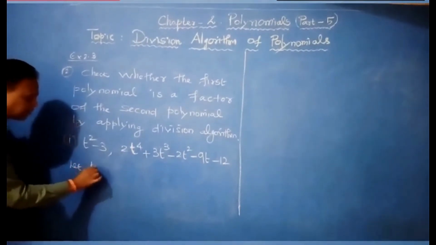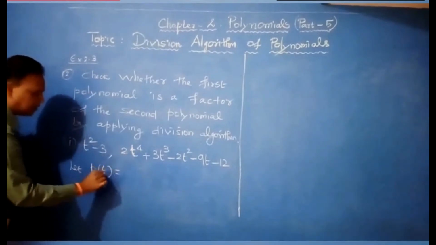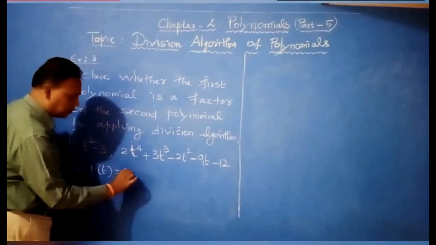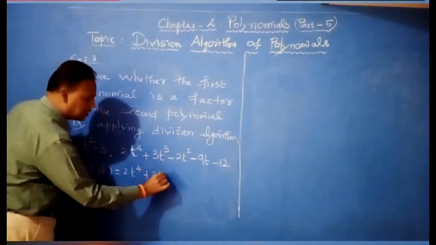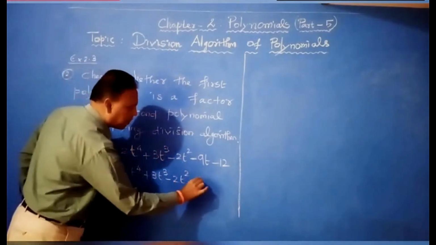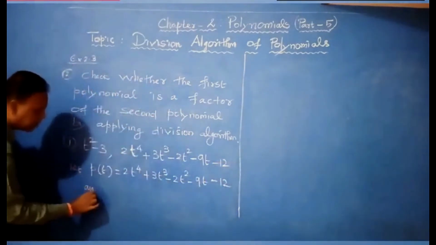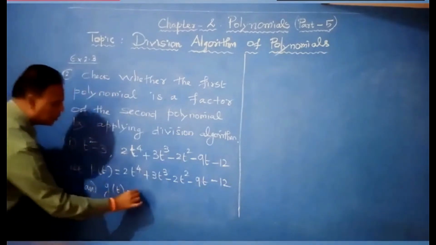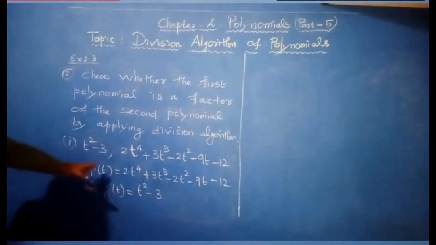Let p of t be this polynomial, 2t power 4 plus 3t cube. You see it is in the standard form already, write it as it is. And g of t is the divisor, t squared minus 3. Now you divide.